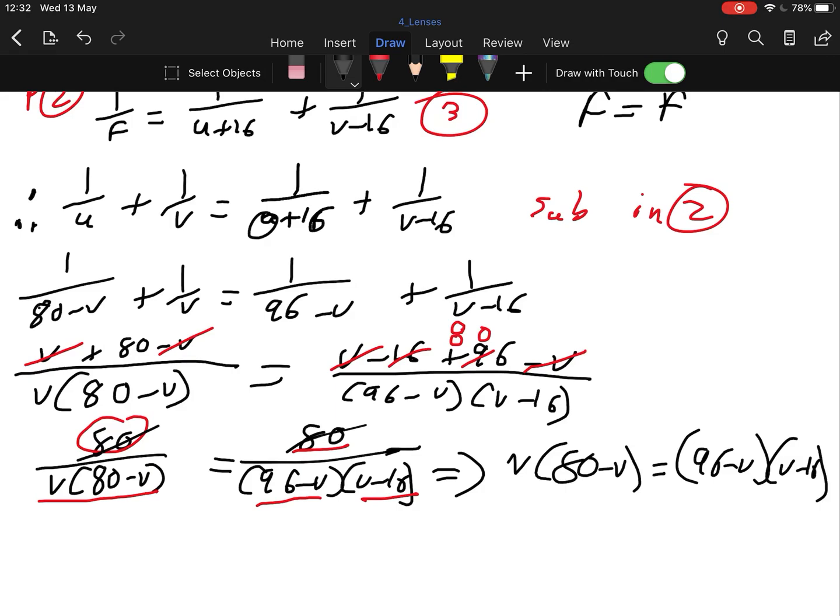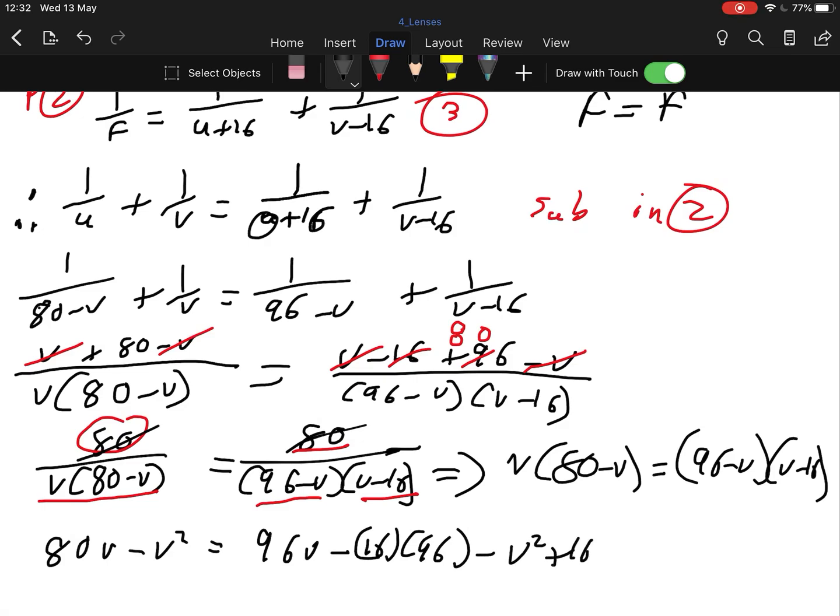Okay. Now, multiply all this out. So this is going to be 80v minus v squared equals 96v minus, let me see now, 16 times 96 minus v squared plus 16v.